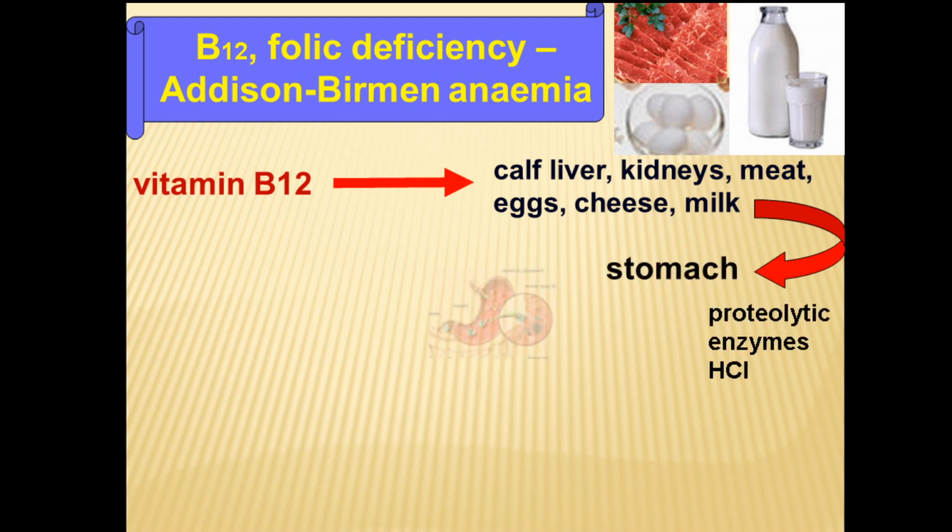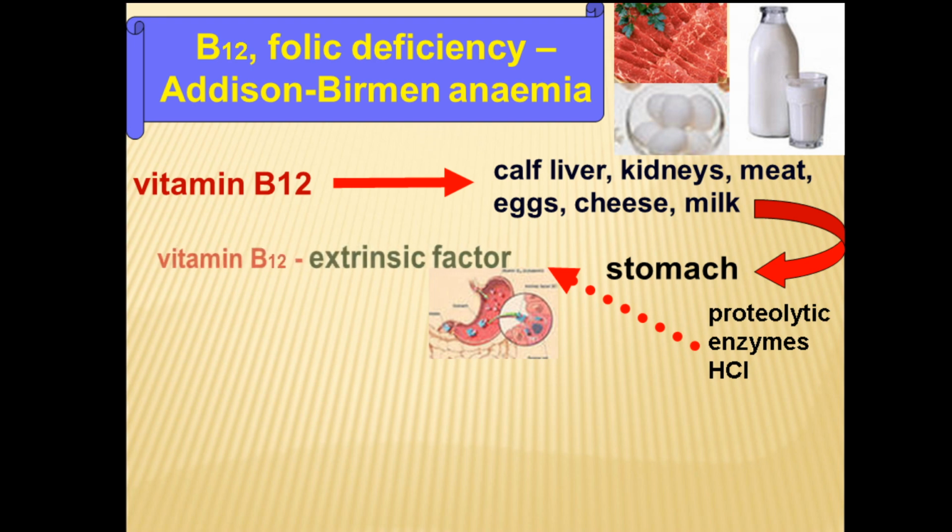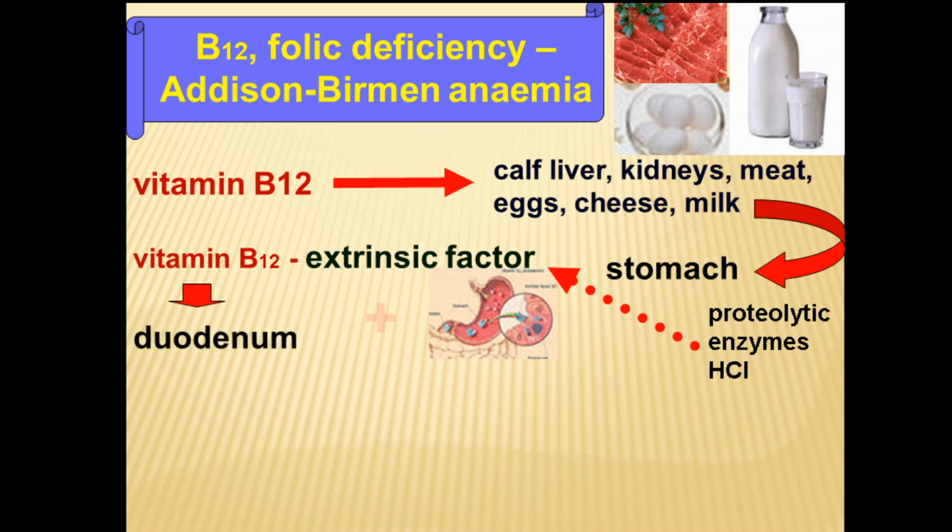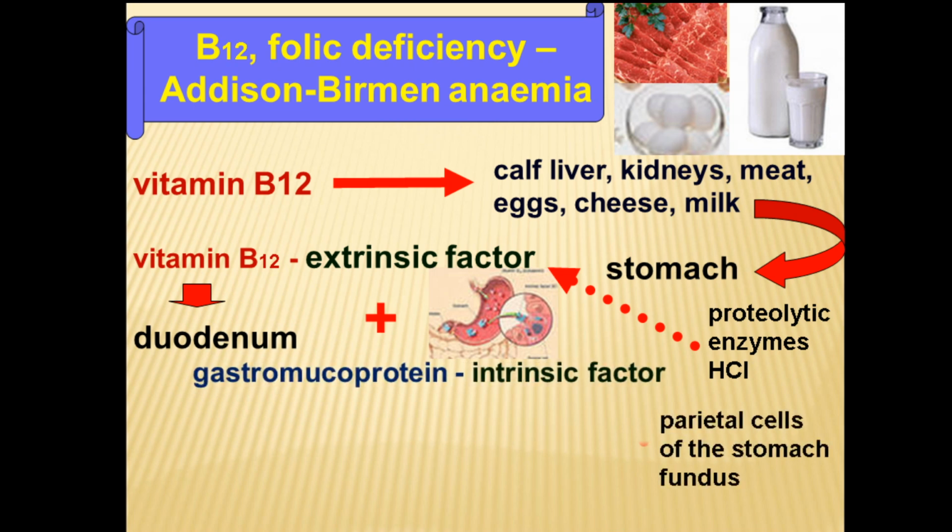Then in the stomach, due to proteolytic enzymes and hydrochloric acid, extrinsic factor is released from vitamin B12, which in the duodenum combines with gastromucoprotein, called intrinsic factor, which is produced by parietal cells of the stomach fundus.